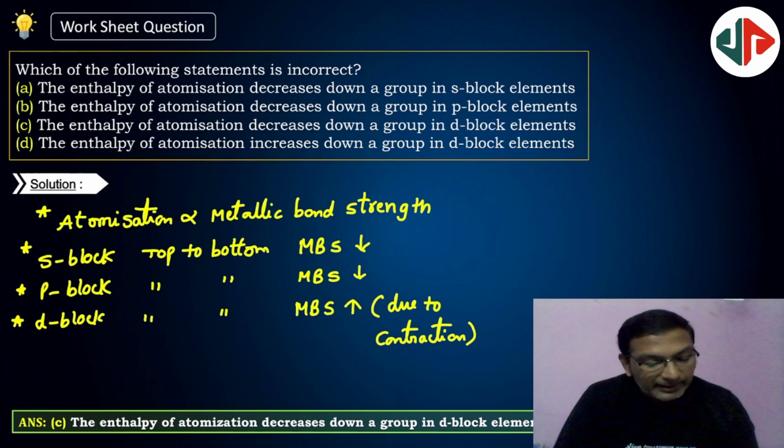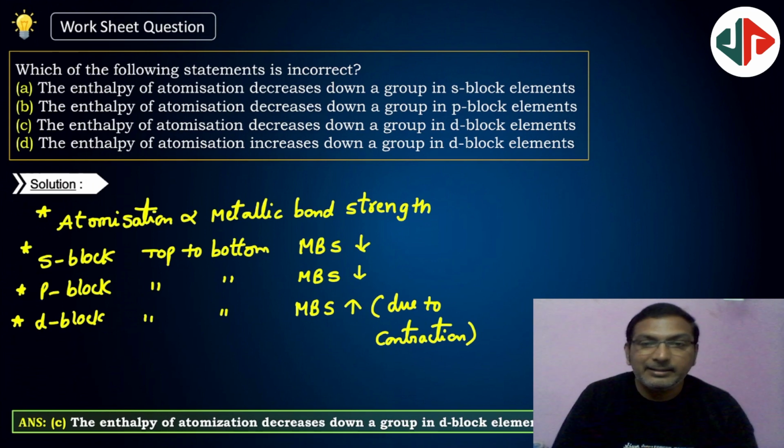So in option A, enthalpy of atomization decreases from top to bottom in case of s block elements, which is correct statement. Next, here we have to identify incorrect statement. Next, enthalpy of atomization decreases down the group in p block elements. That is also correct. In case of D block, enthalpy of atomization increases down the group due to lanthanoid contraction.